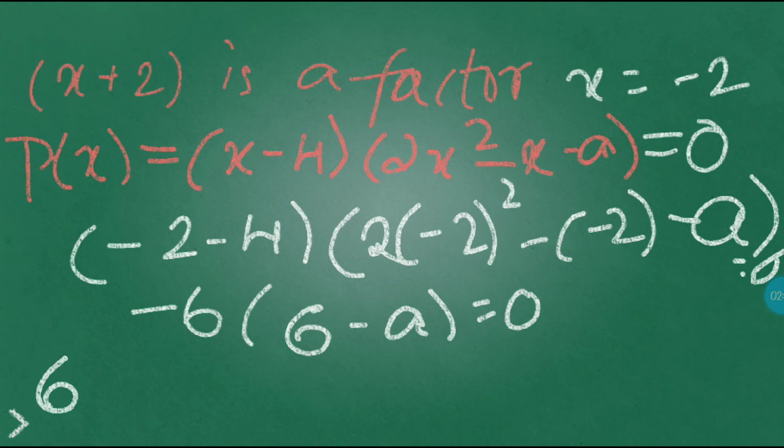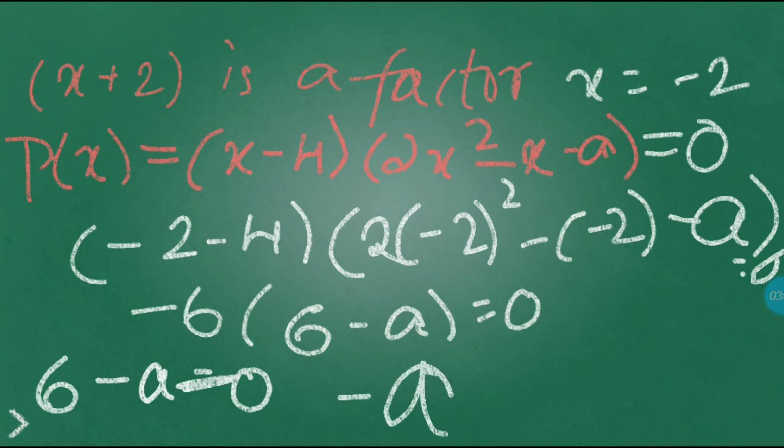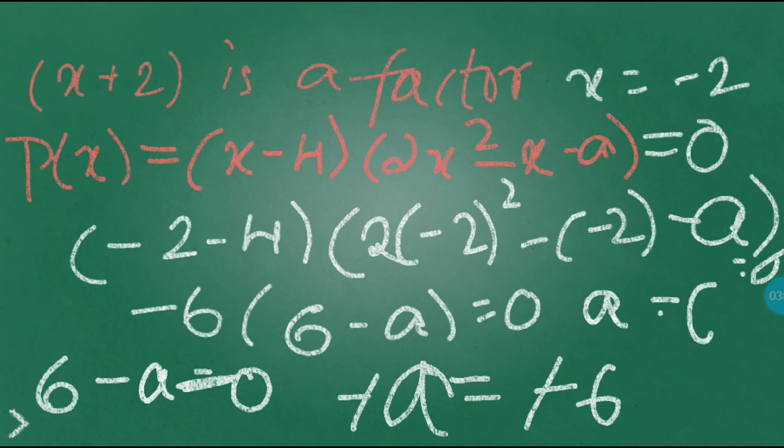So 6 minus a is equal to 0. Then minus a is equal to minus 6. So a value is going to be plus 6. A is 6.